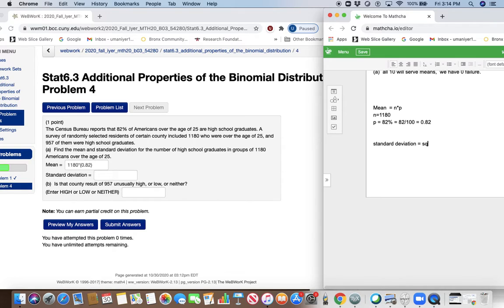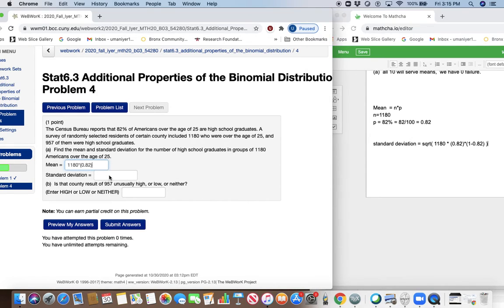we just saw is square root of n times p times q. Q is 1 minus p. All right, so this is what we want to type in.